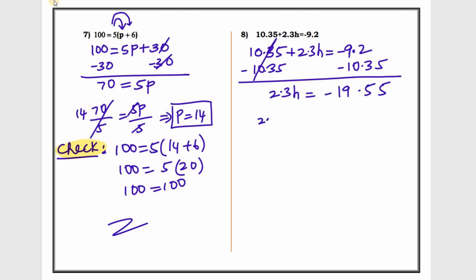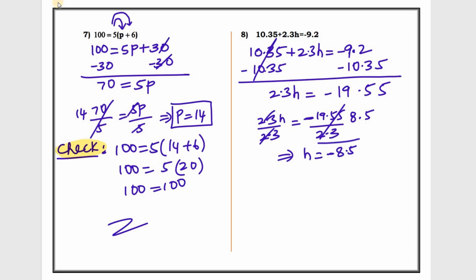So I have to divide by 2.3, that is equal to minus 19.55 by 2.3. So 2.3 and 2.3 go off. So if I just cancel this one, it goes 8.5 times. So that implies h is equal to minus, since there is a minus sign, minus 8.5 will remain.